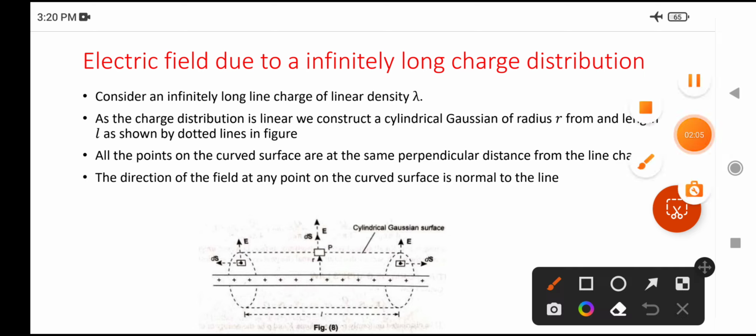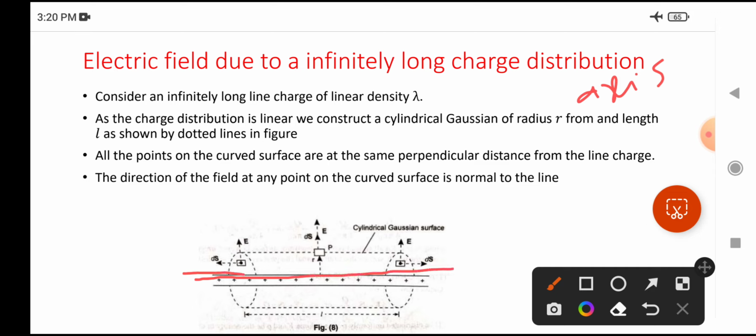Here the radius is taken from the axis, because the charges are nothing but the axis, since they are distributed along a straight line.